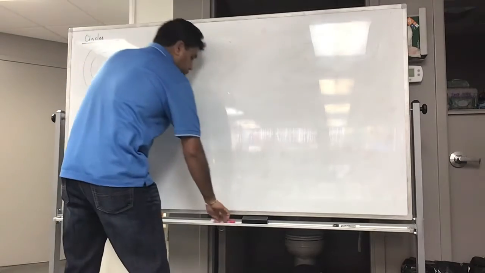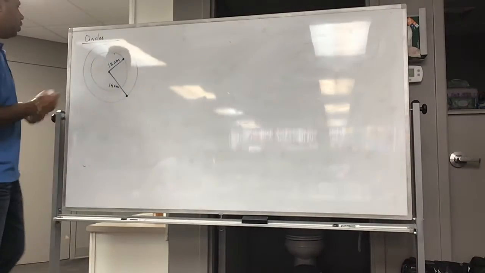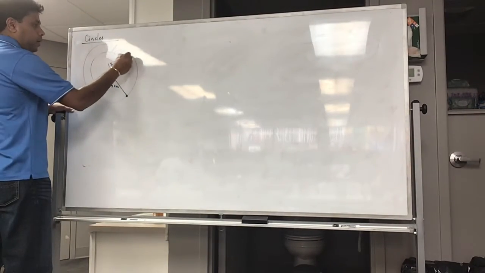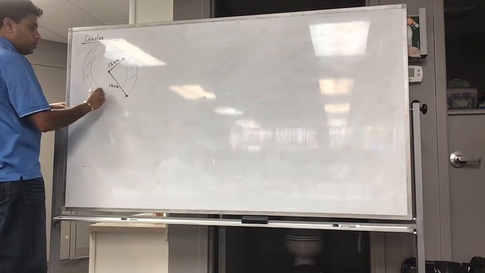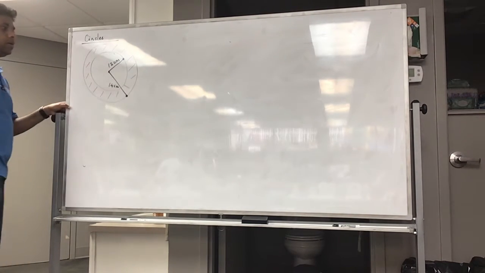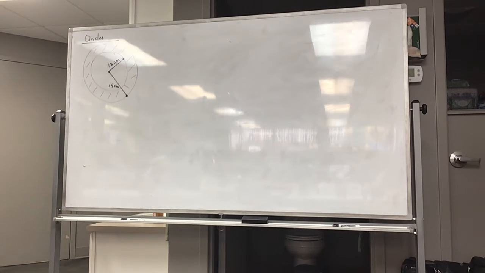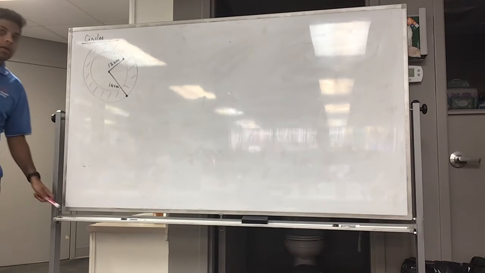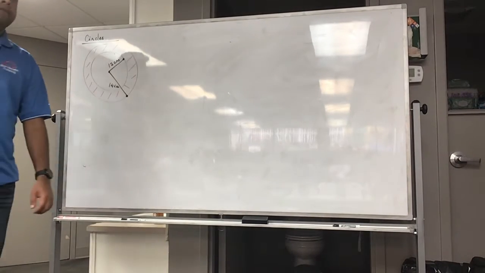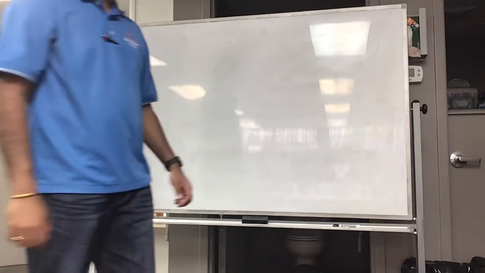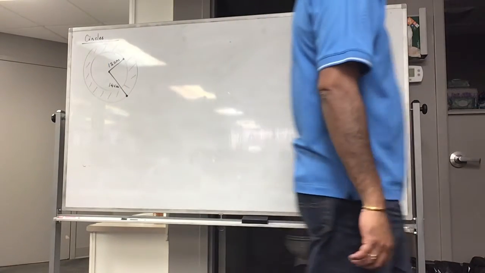Question to you guys: find the area of the shaded region. Probably seen it almost every single time in ACT or pretty close to it.